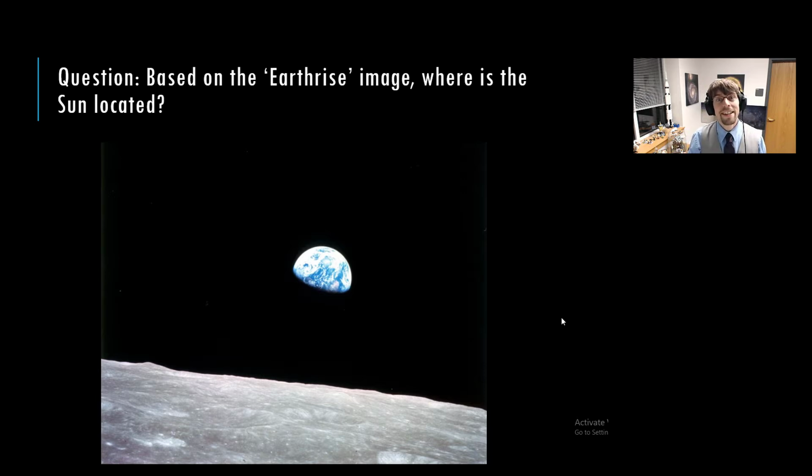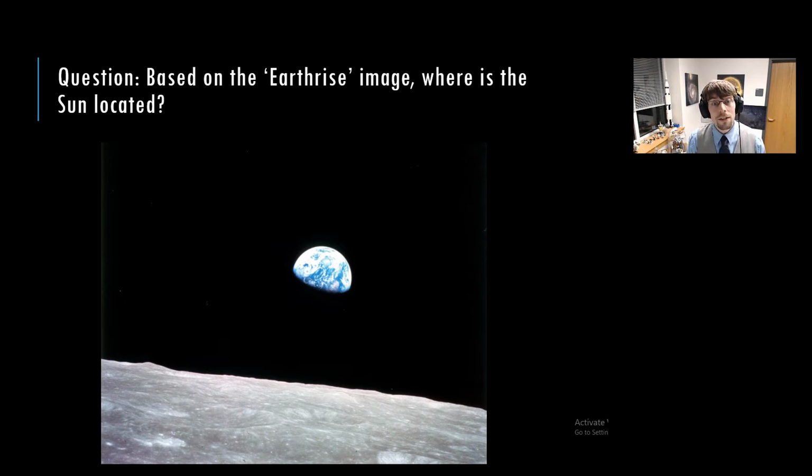Remember that the illuminated portion of an object is due to the sunlight striking the surface of that object. Okay? So the Earth does not emit light, right? It is not emitting a bunch of light out into space that you can then receive when standing on the moon, for example.